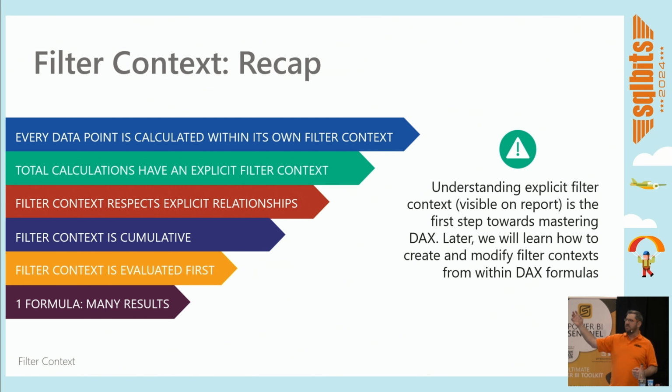And he says, oh, it's this brand, this date, this value, this color, so that you can visualize what is the data set that I should be working with or starting with. And then from there, you can understand what's actually happening, because now you've introduced a shift or an expand or a remove filters or a keep filters or any of those things, because understanding the explicit filter context gives you the ability to then dig into what's going on underneath with your actual formula where you are modifying that context.